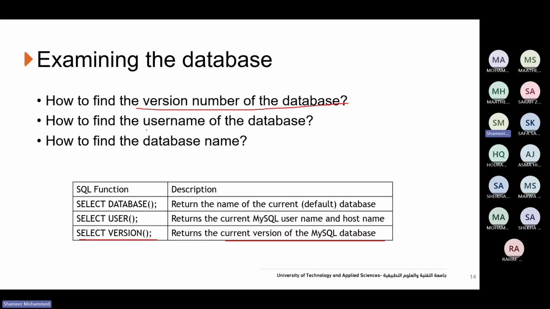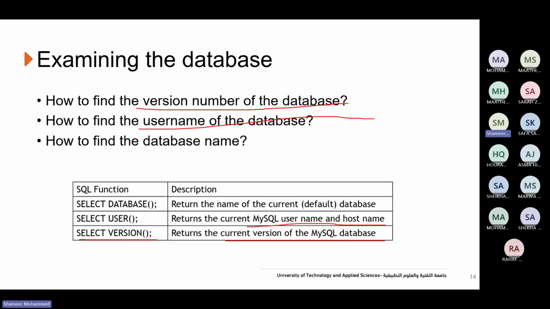What is the username of the database? It will return the current user, with this command, select user. Okay. Next one, how to find the name of the database itself. That means are you using Oracle, are you using Access, are you using MySQL? I want to know.